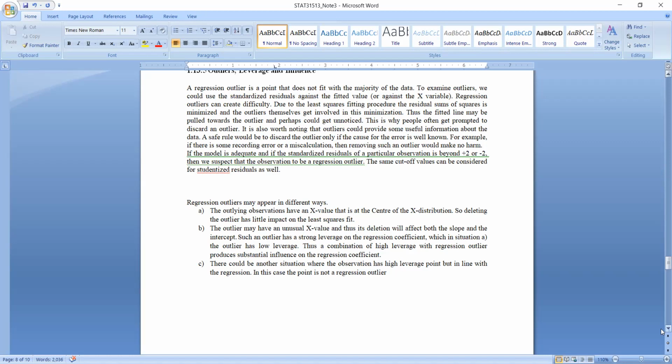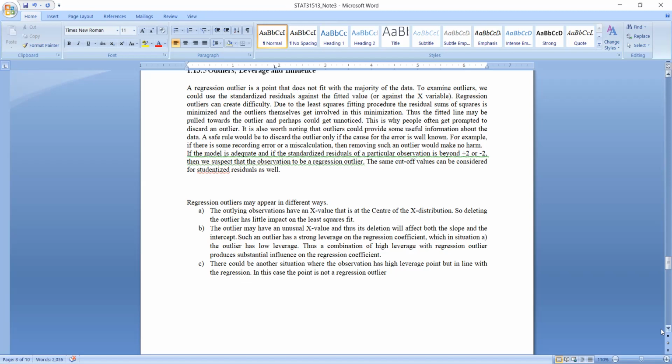So in such cases, such outliers have a strong leverage on the regression coefficients. So we have to check which data points can make a big influence on your data set or not, then we can pay more attention to those observations.